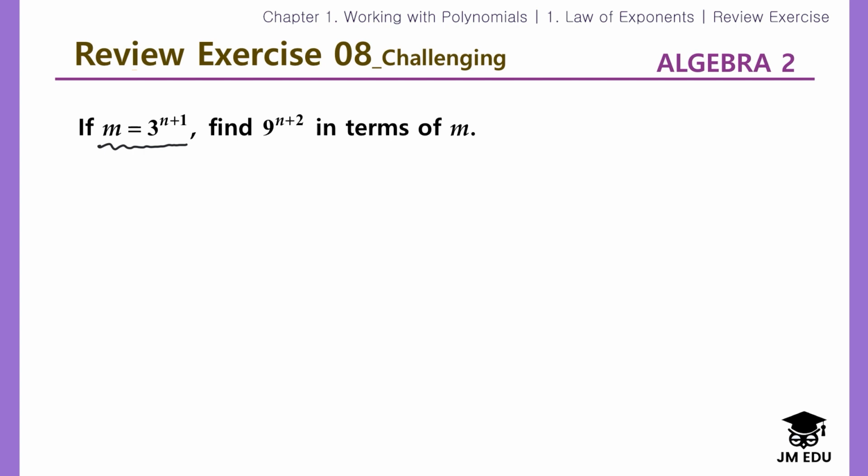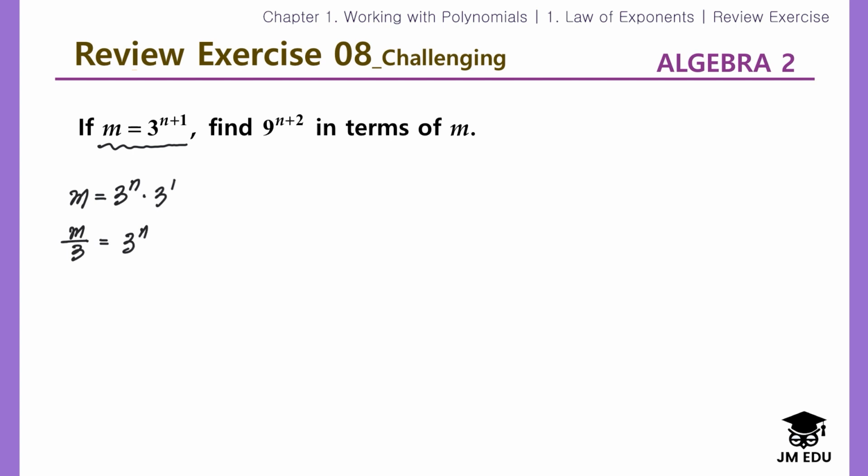Let's simplify this first. 3 to the power of n plus 1 is equal to 3 to the n times 3 to the power of 1, right? Same base. If these two terms are multiplied, we add these two exponents. So we can say that 3 to the n is equal to m over 3, right?